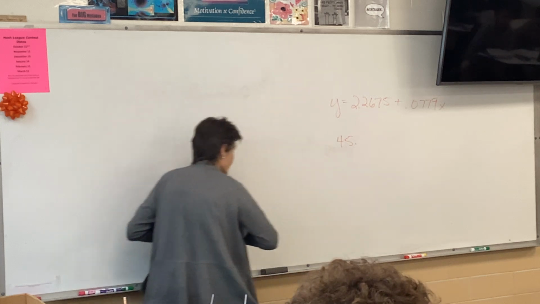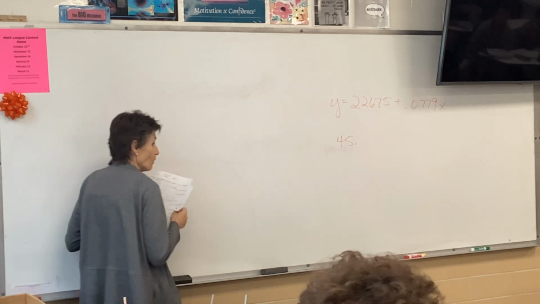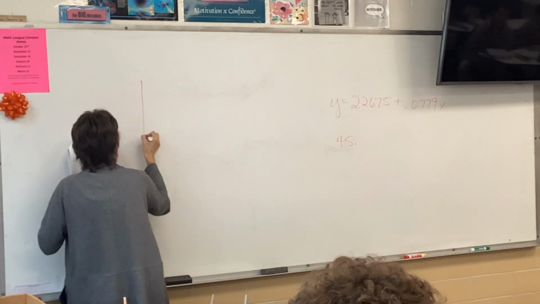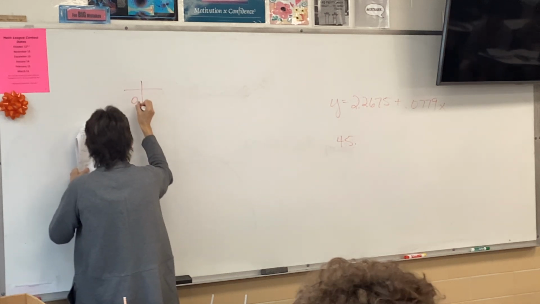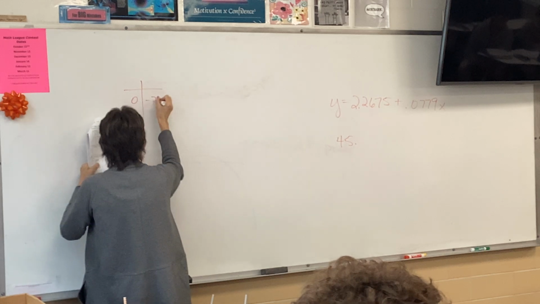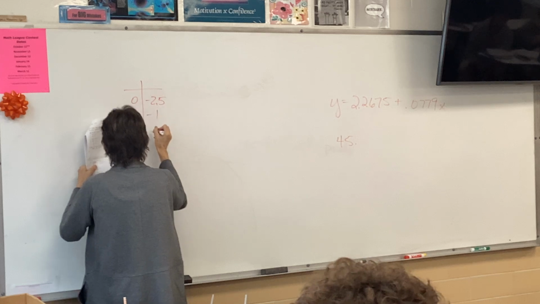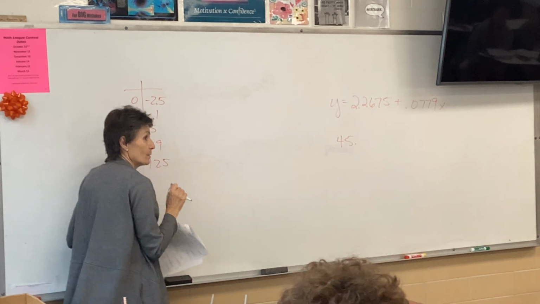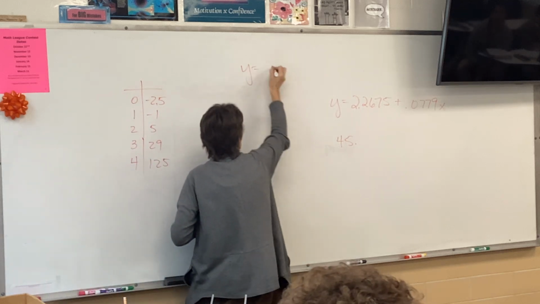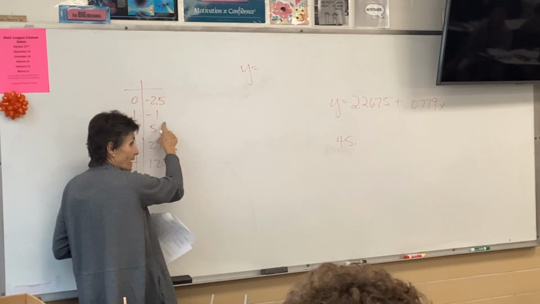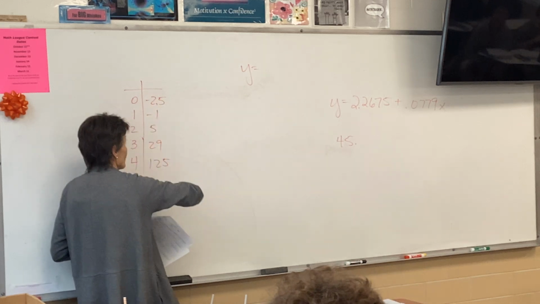So the key here is, it might involve some trial and error sometimes, but we just have to make sure in the end, whatever equation we come up with is giving me the right data points. Whatever I ultimately end up writing, if I plug in 0, I have to get this. If I plug in 1, I have to get this. These are the points I'm generating.